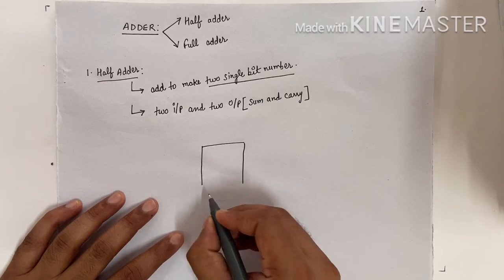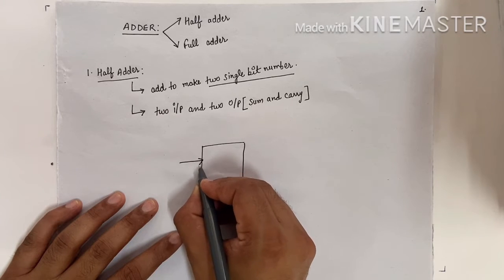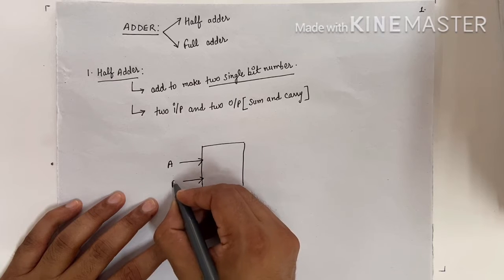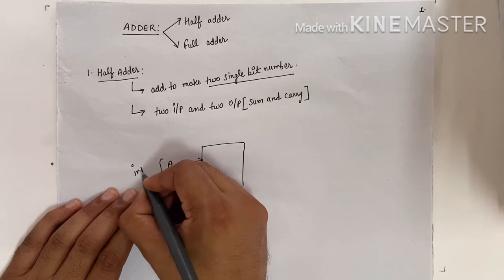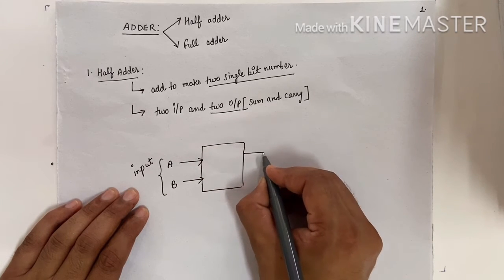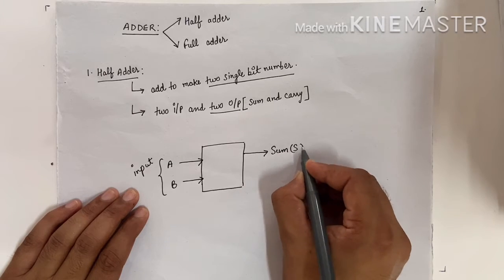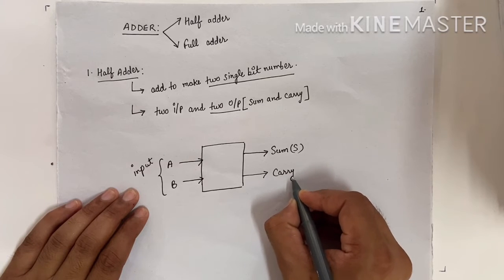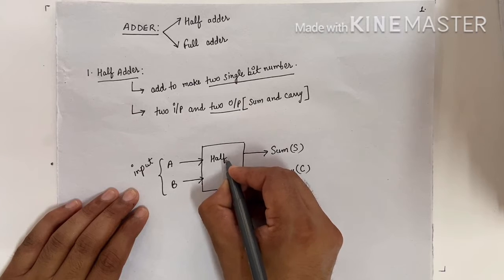In the block diagram we have to consider two inputs, A and B, and we have two outputs. One output is sum, which is represented by letter S, and another output is carry, which is represented by C. So this is the block diagram of half adder.